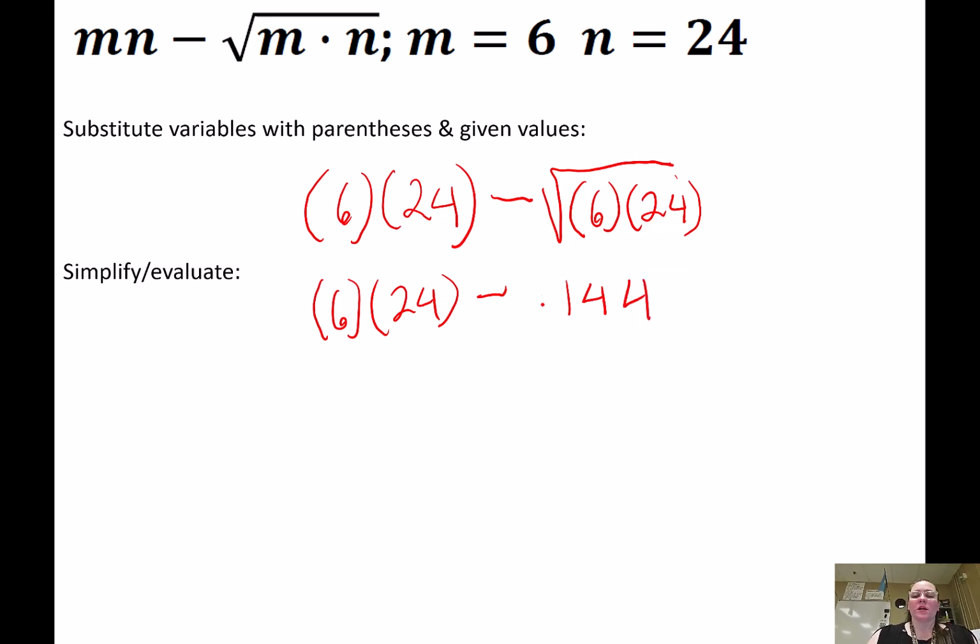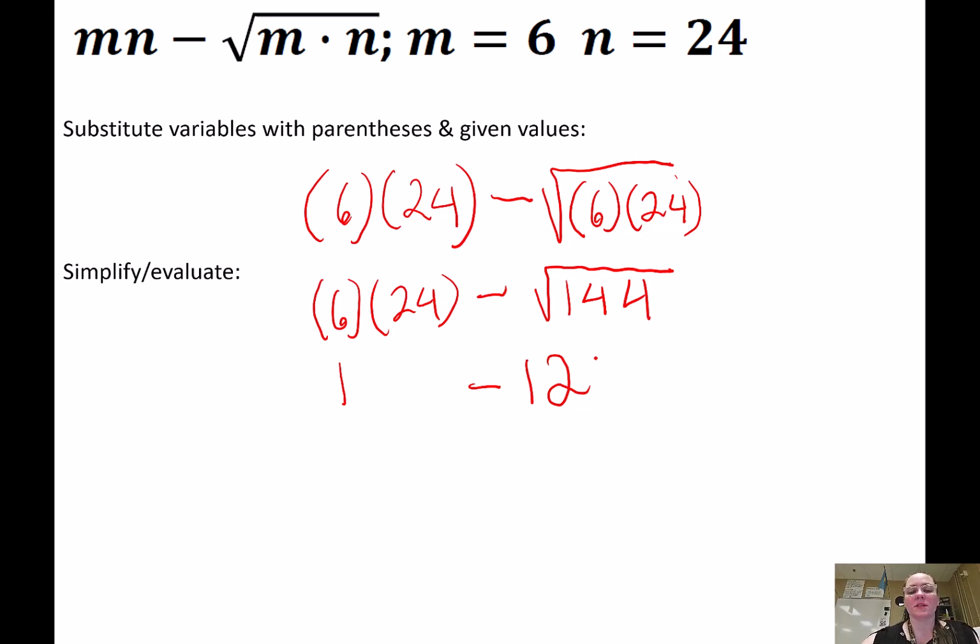And the square root, guys, your calculator will do this for you. But the square root of 144 is 12. Basically, it's any number times itself, and that's what a square root is looking for. So in this case, the square root of 144 gives me 12.